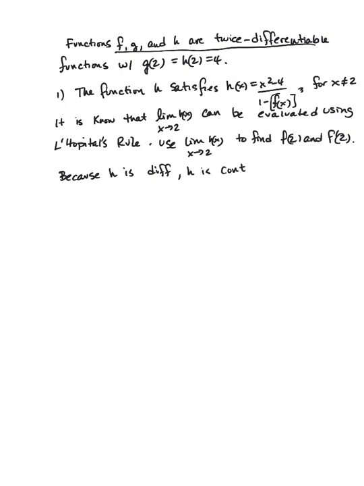Differentiability implies continuity. Now, remember the definition of continuity. Therefore, the limit as x approaches 2 of h of x must equal h of 2. In the stem of the problem, they tell us that's 4.